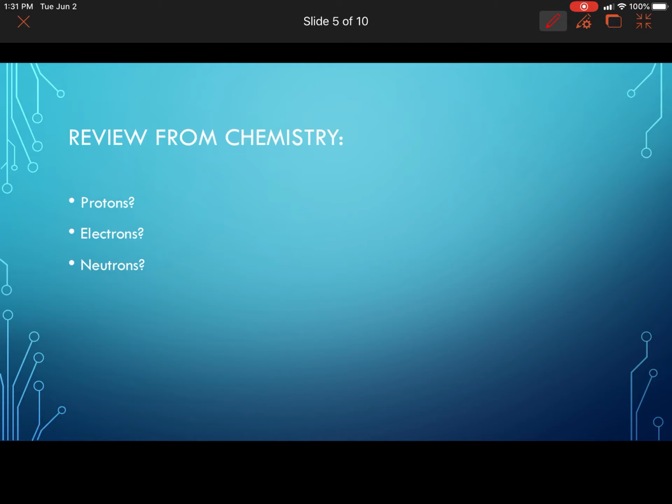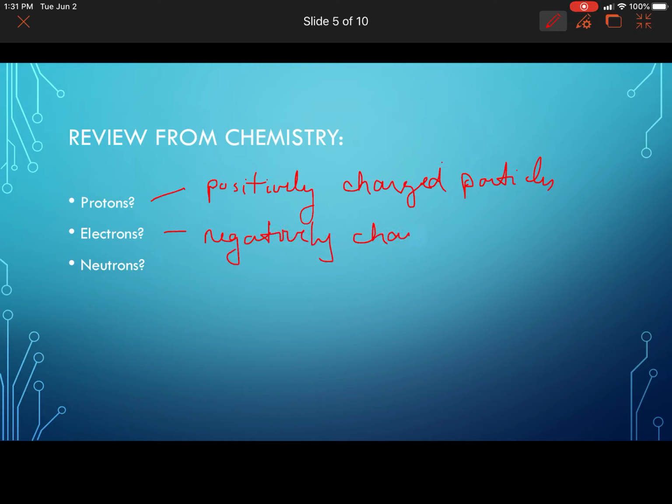Okay, so review from chemistry. Protons, electrons, and neutrons, do you remember what these are? Protons are positively charged particles. Electrons then are going to be the negative ones, right? So negatively charged particles.